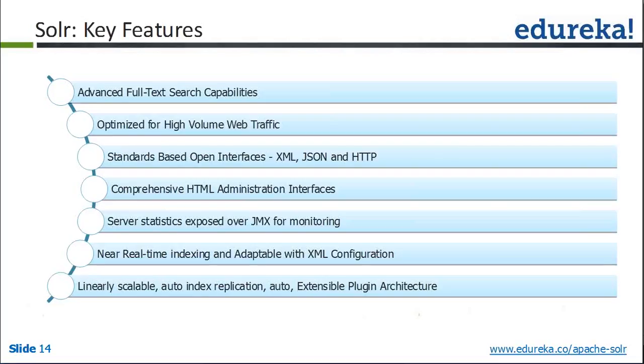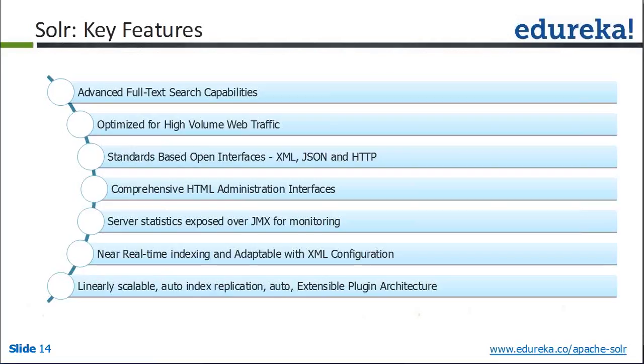Lucene doesn't really work on the schema.xml, which we have in Solr. For using Lucene alone, you would have to define that in the code, and every time you want to ingest a new document, you would have to define them in the code itself. That's a very stringent behavior. So Solr goes a step ahead and lets you have flexibility on the schema.